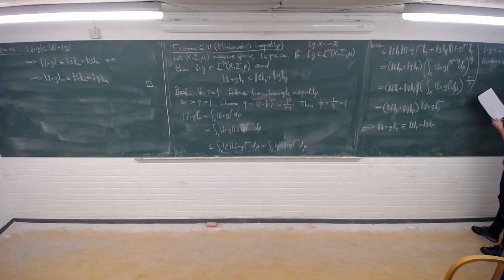And then, so this gives me a factor 2 to the power p, and then the maximum of |f| to the power p.